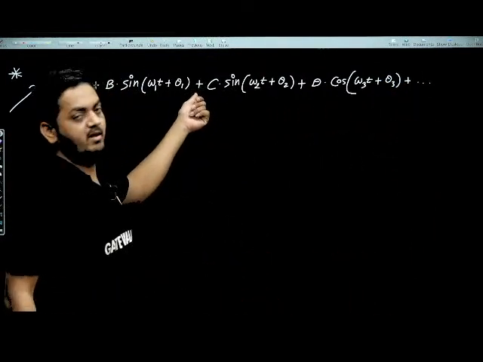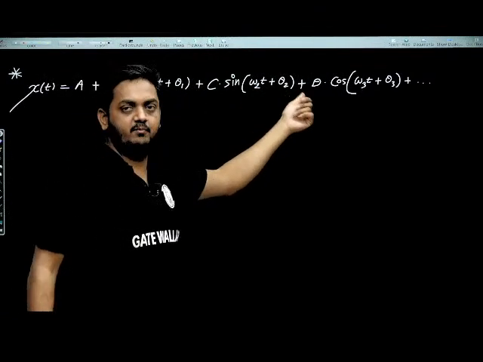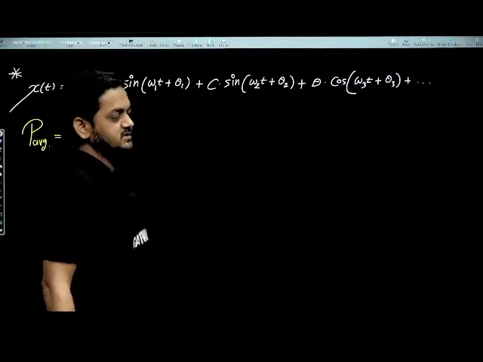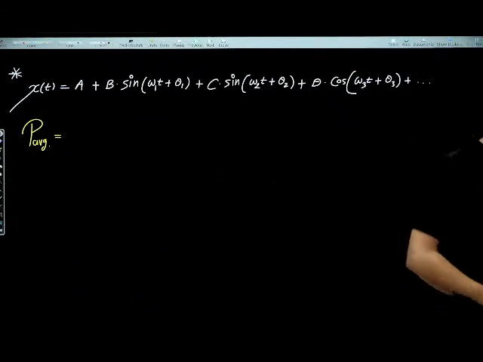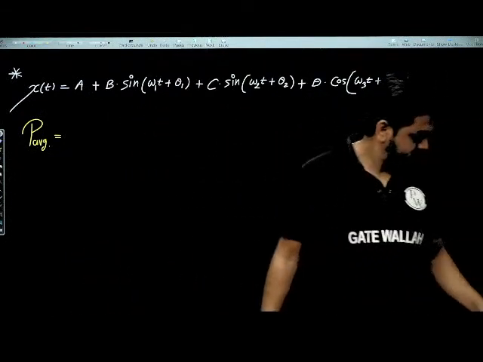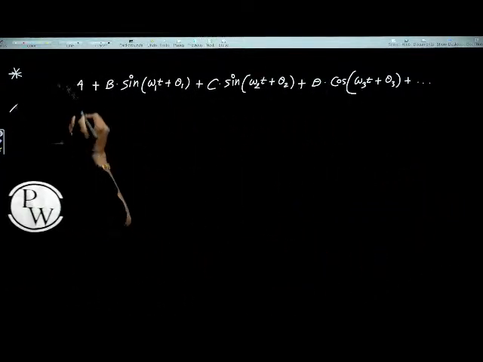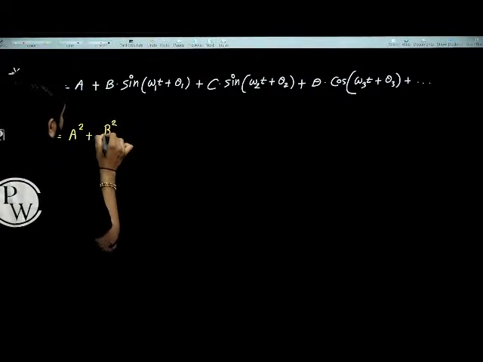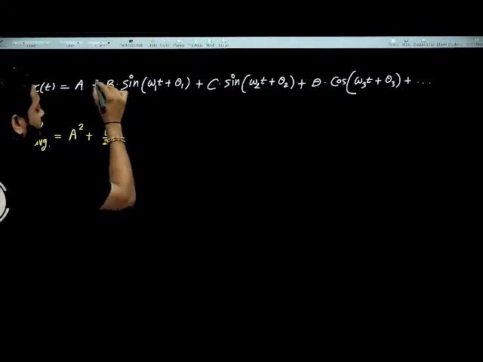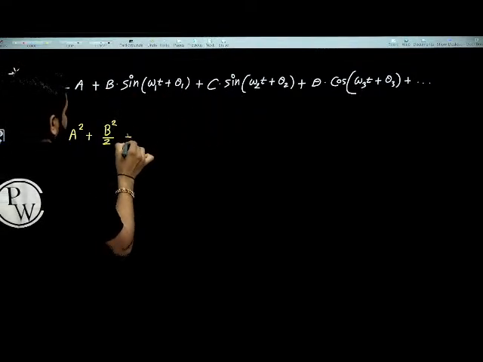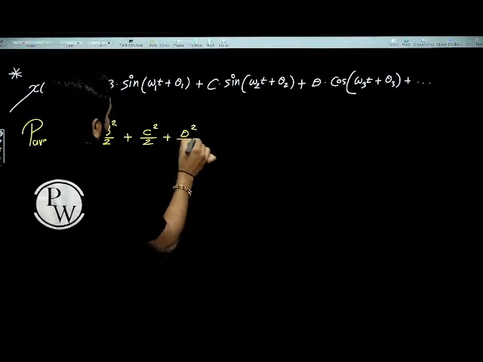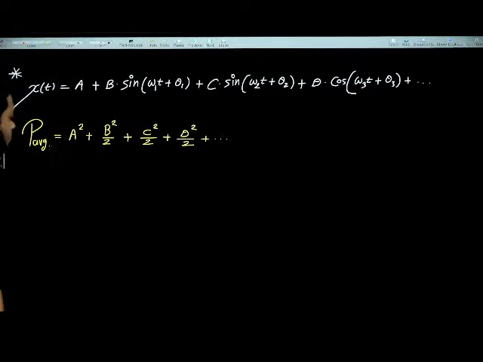It can be plus, it can be minus also guys, peak value can be positive, negative, but it doesn't matter. The total average power is given by the sum of the individual signal power. Power of DC is nothing but a square, plus b square by 2, always plus sign guys, whether b, c, d are negative or positive, power is always a summation, plus c square by 2 plus d square by 2 and so on.